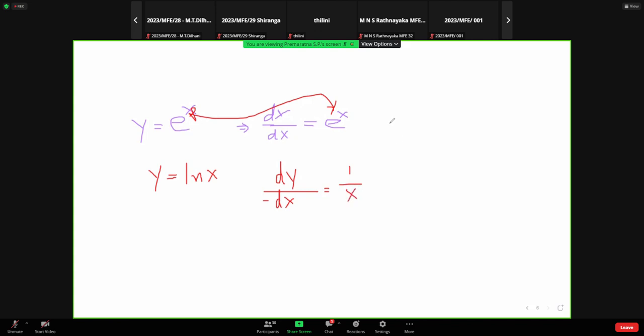For example, let's say the equation y equals ln(5x² minus 3x).